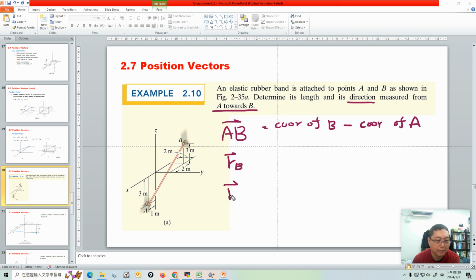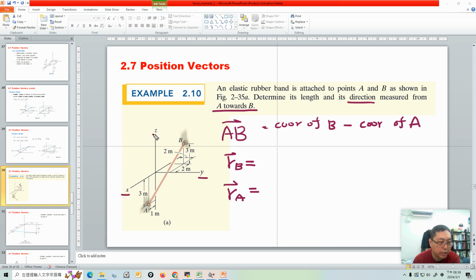If you know the coordinate of B, you know the position vector of B directly. If you know the coordinate of A, you know the position vector of A. So what's the position vector of B? That means the coordinate of B, X, Y, Z. Be careful.